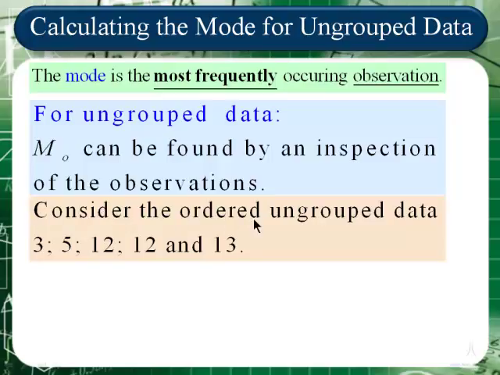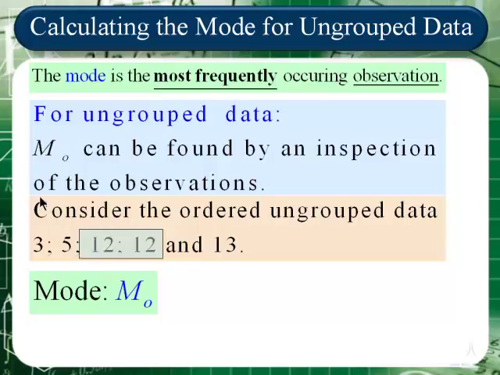Consider the ordered ungrouped data. It is pretty clear that the data value 12 occurs twice, right? So therefore the mode for this set of data values is equal to 12.